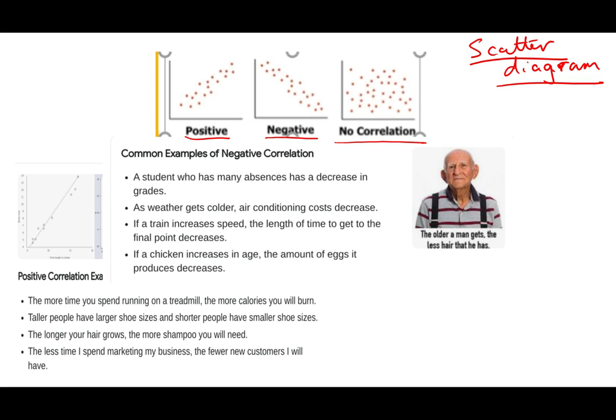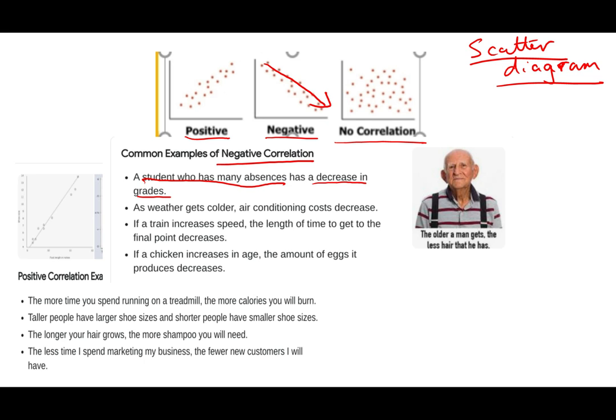So, for example, here are some examples of negative correlation. So, negative correlation on the scatter diagram, you'll see the points going in this direction. Okay, so for example, that could be a student who has many absences has a decrease in grades.